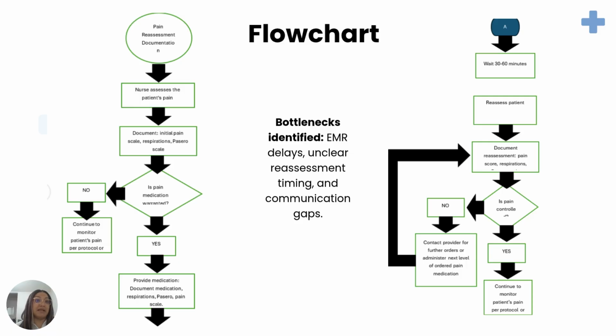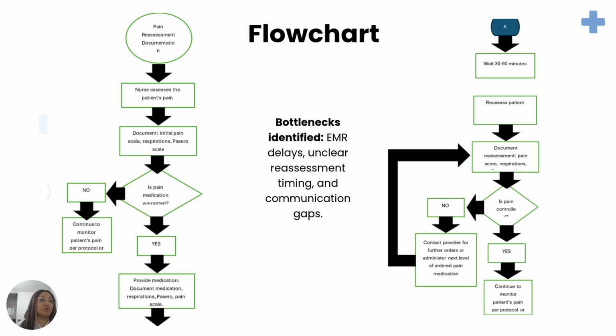The next step is: is medication warranted? If not, then continue to monitor the patient's pain per protocol, which is every 4 hours, or if the patient calls or you notice a patient grimacing or they're saying, "Hey, I'm hurting."